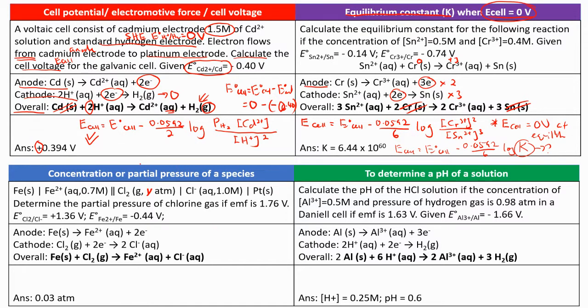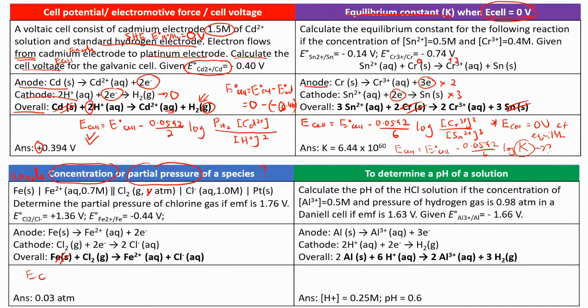Okay, now next one. We go for how to calculate the concentration or partial pressure of a species. Let's say you are given a cell notation. For cell notation, we know that on the left it is the anode, on the right it is the cathode. Then after that, balance the equation to see which one we need to put into the Nernst equation. Solid, no need.